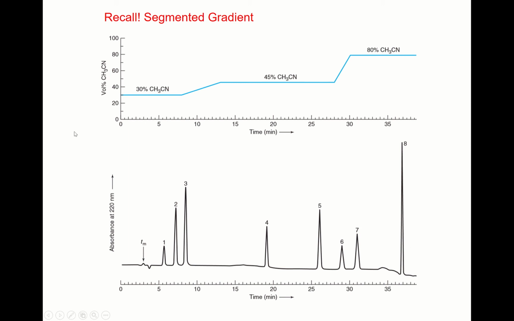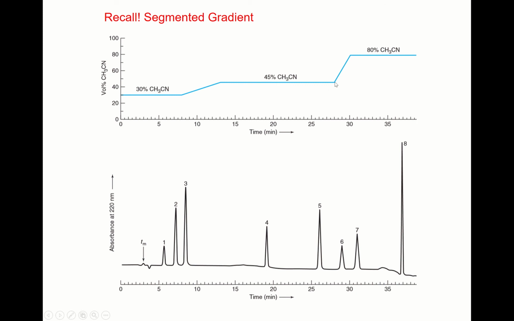Then you increase the percentage of acetonitrile to 45%. Here you slowly increase, and then you stop here and maintain it for maybe 28 minutes, and then compounds 3, 4, 5 are well separated.